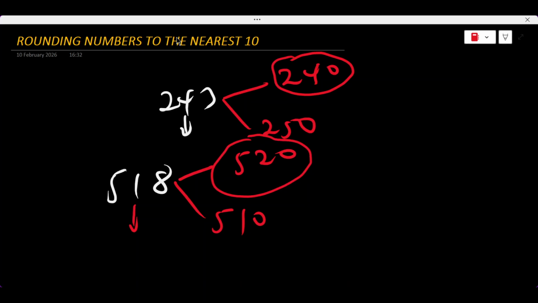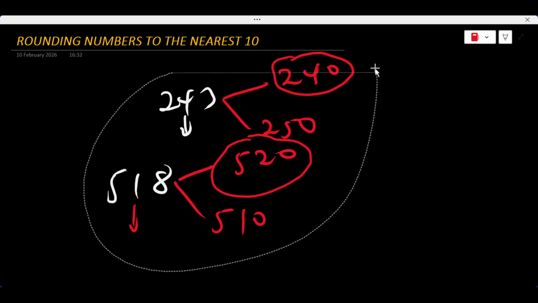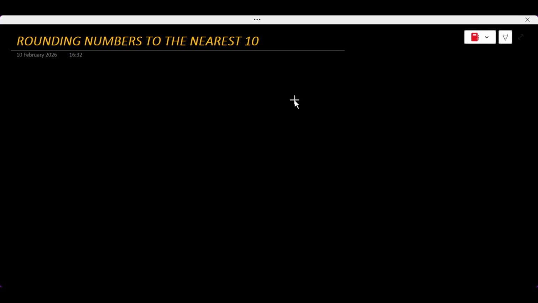All right. Now let's look at another example where it's a bit tricky. Now we have 5718. In rounding 5718 to the nearest tens digit, we first locate what? The tens place value digit, which is 1.